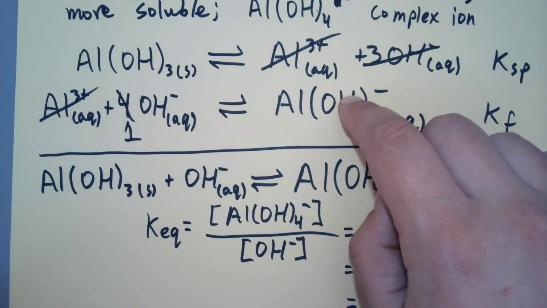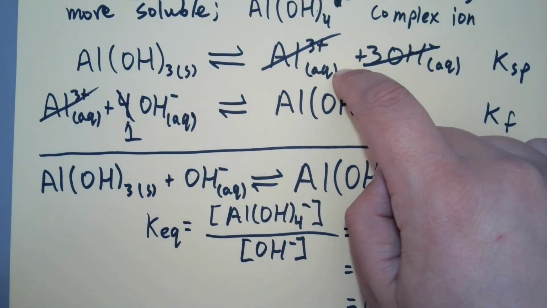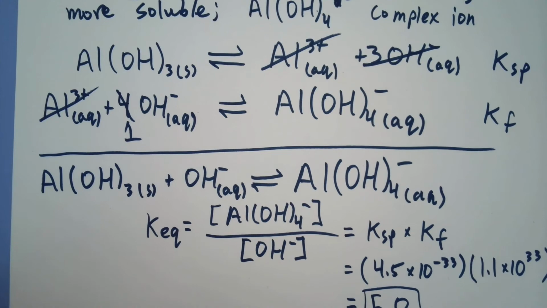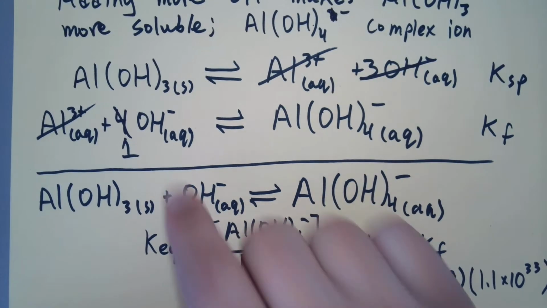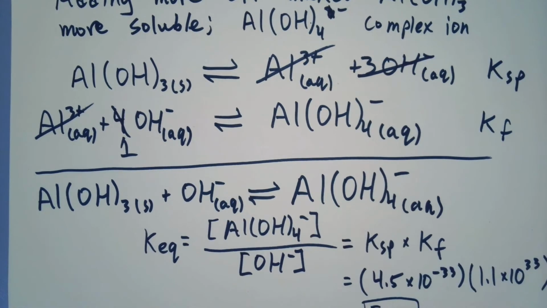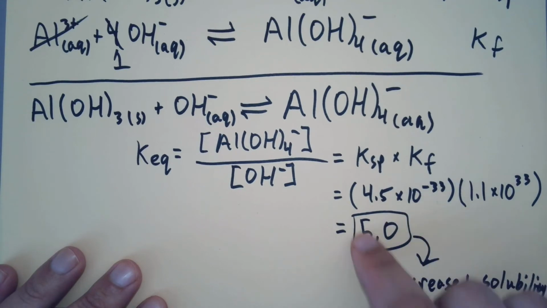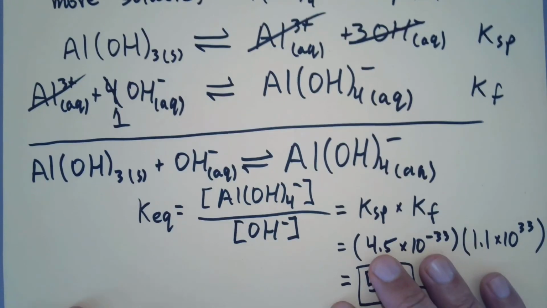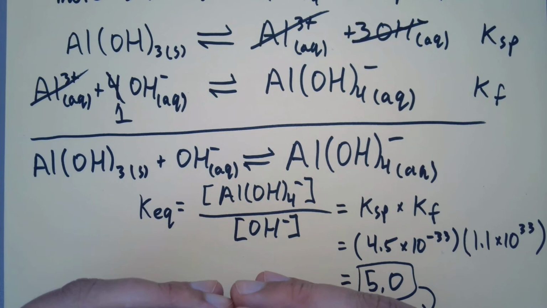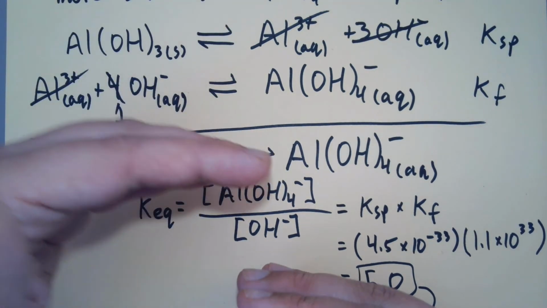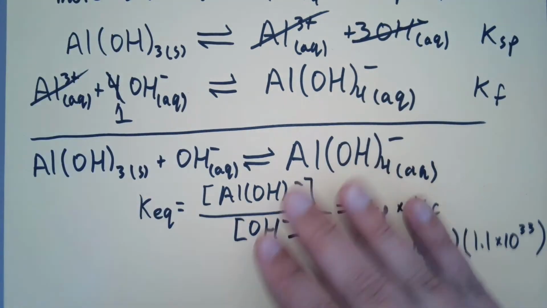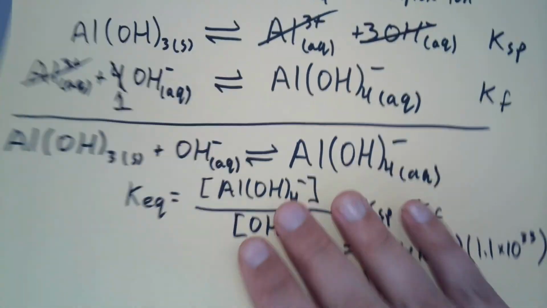So this is going to pull aluminum out of solution. This is going to shift right to replace it. Alright, and because it doesn't completely cancel the hydroxide, that's why you would have a less significant effect than completely removing the hydroxide like you did in the other one when you added acid.